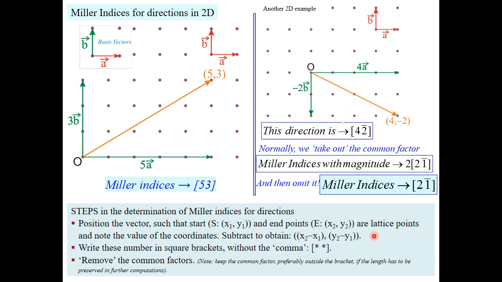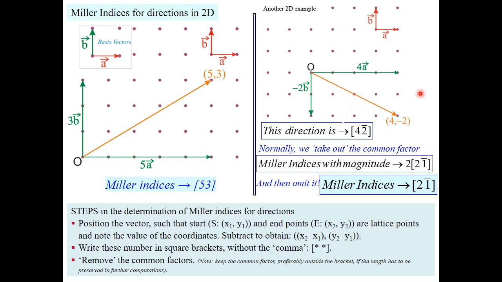Now we need to subtract in such a way that x2 minus x1, comma, y2 minus y1, and write those numbers in square brackets without comma in order to obtain Miller indices. So that we can write square bracket 5, 3. You can close the bracket. That will be the Miller indices.